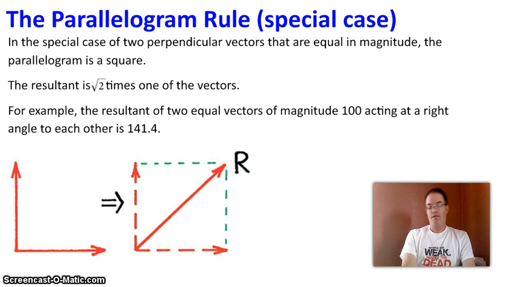In the special case where the upwards vector and the outwards vector are equal in magnitude, or that is to say size, we have a special case where we just have to remember this number. The resultant vector for that special case will be the square root of 2 times whichever one of the vectors.